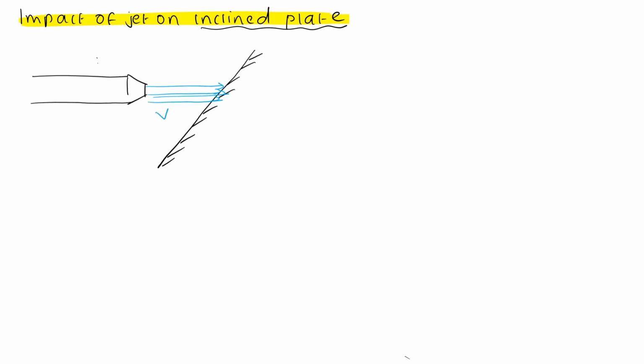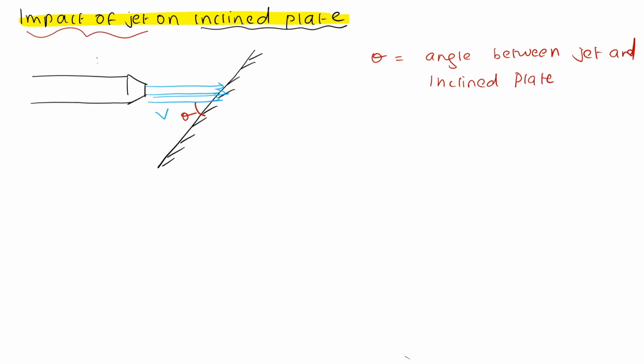So the initial velocity I am considering is v, and let theta be the angle between the jet and the inclined plate. Here we have to find the impact of the jet, that means the force exerted by the jet on this inclined plate.